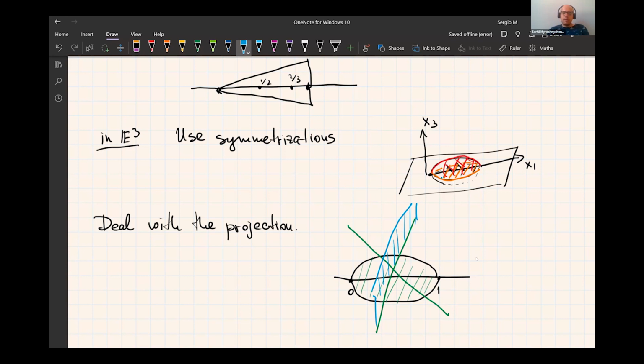I can always find such a plane. So in other words, there exists a line in the plane of the projection and a plane passing through this line, orthogonal to that plane, such that it splits the body into equal pieces and the area into equal pieces. And then I can repeat.